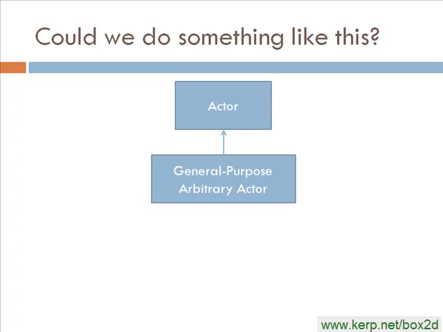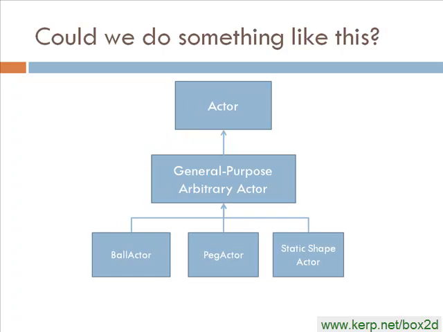Or maybe this gets even smarter and reads in data from some kind of XML file, or maybe the parameters to the XML file are passed in by various other actors that then extend our general purpose arbitrary actor. So the ball actor defers its whole B2 body creation process to the general purpose actor and passes in some kind of XML file or a tag that then corresponds to an area in the XML file.